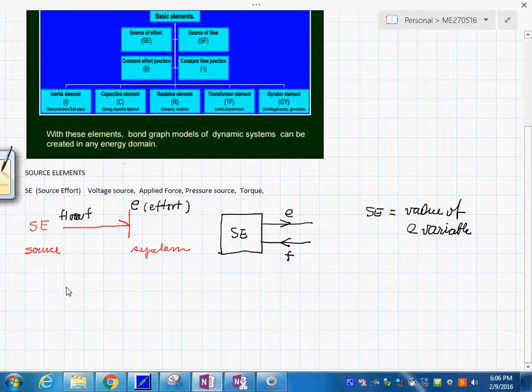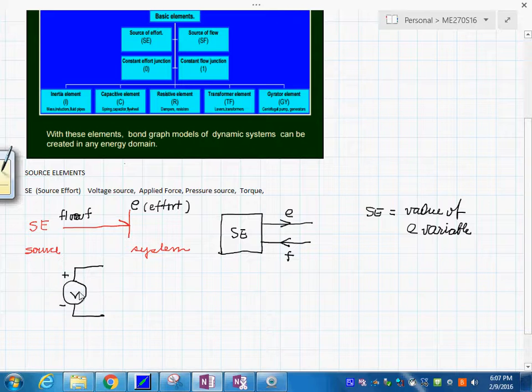Yeah, we do a little drawing here with plus and minus like this. For a mechanical system, you have it like this, and this is an applied force like that.